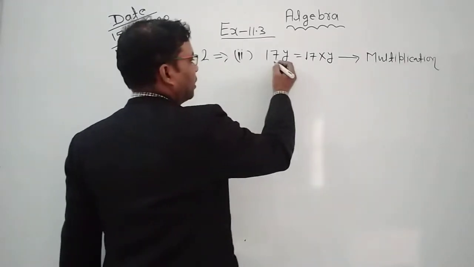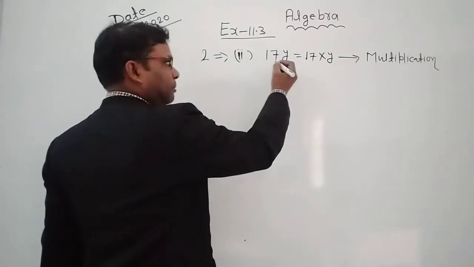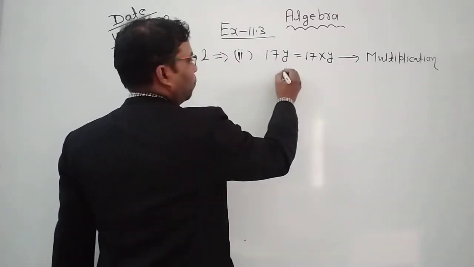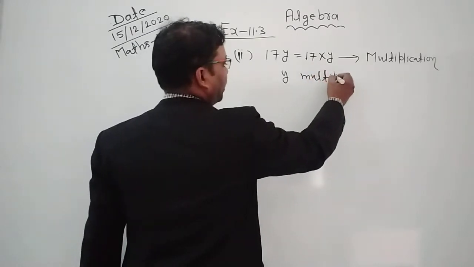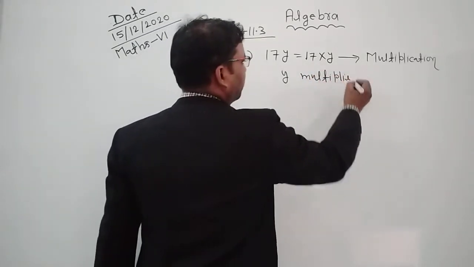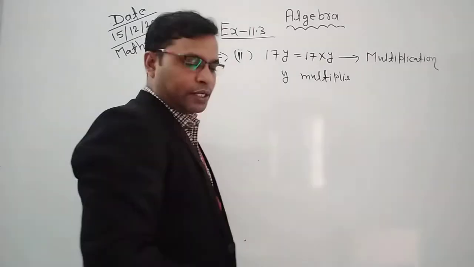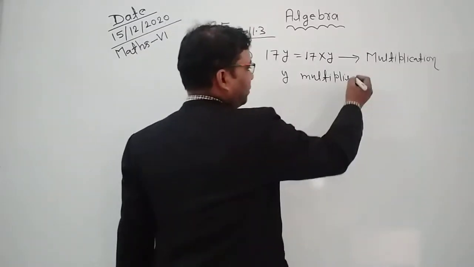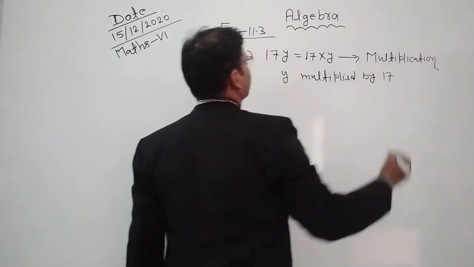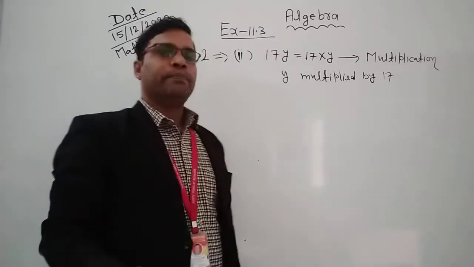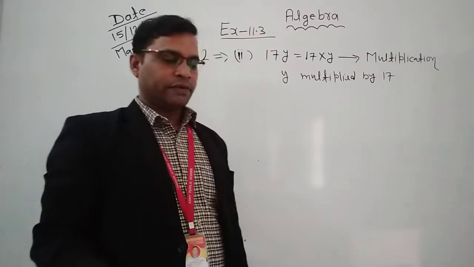You write here how the expression has been formed: y multiplied by 17. This is clear.